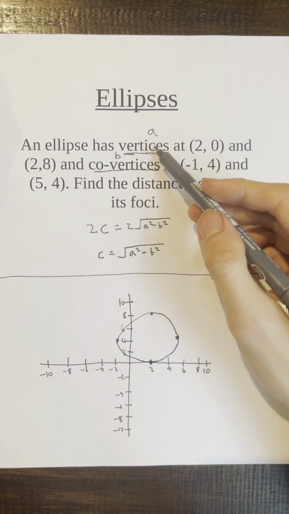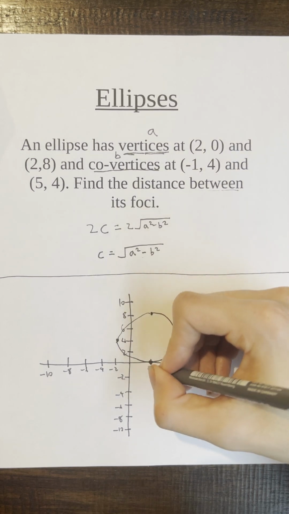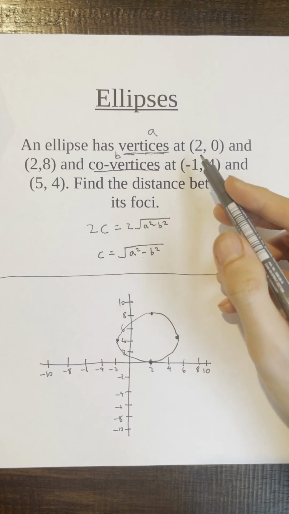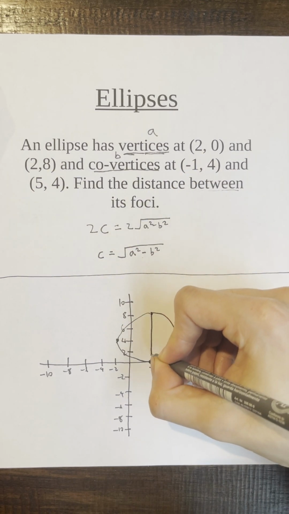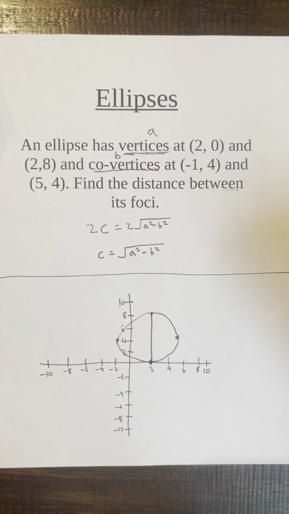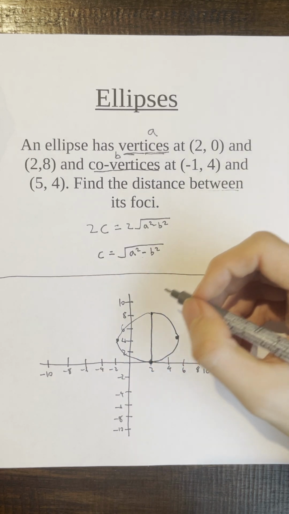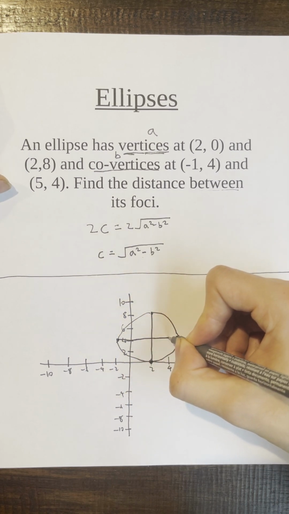Now the vertices, are they on the major or minor axis? So these are the vertices 2, 0 and 2, 8. And vertices are always on the major axis. The co-vertices are always on the minor axis.